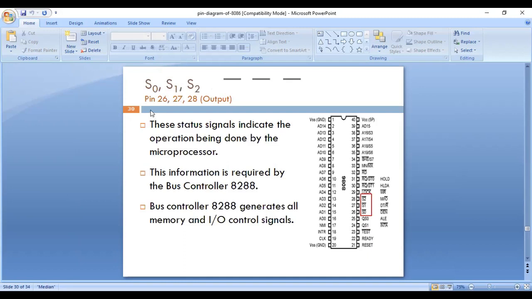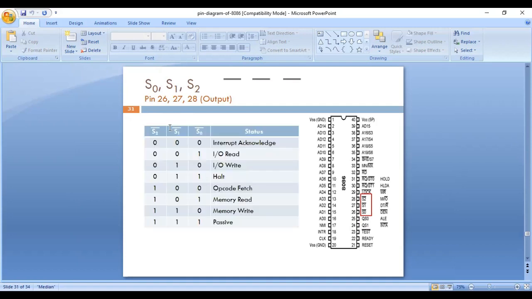Next, the status pins S0, S1 and S2, these are active low. They indicate the operation being performed by the microprocessor. As these are 3 lines, 2 raised to 3 means 8 possible combinations. When all are 0, it will acknowledge the interrupt.